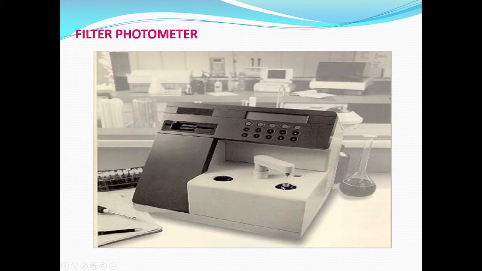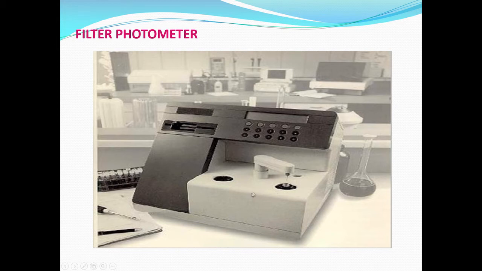Here you can see 2 slots, one for reference, one for sample, and then all other things are hidden in a box, and the sample compartment is somewhere here, and then the readout scale is here.